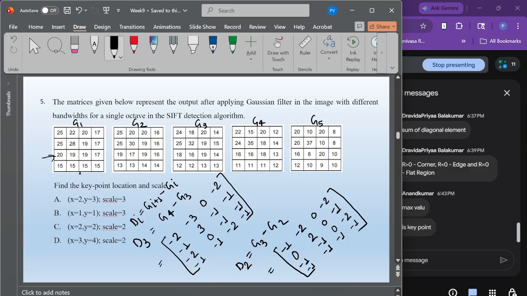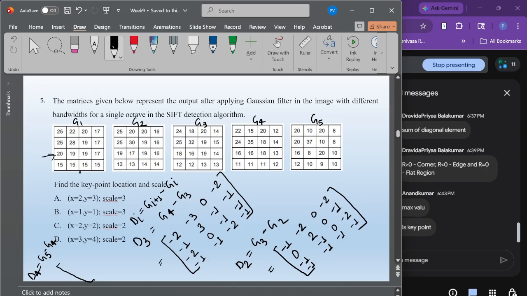Now, similarly, we have to calculate D4 as well. D4 is G5 minus G4, right? So I'm calculating it here. What values will we get? Minus 2 and minus 5, then 0, 0, and minus 4, minus 4.